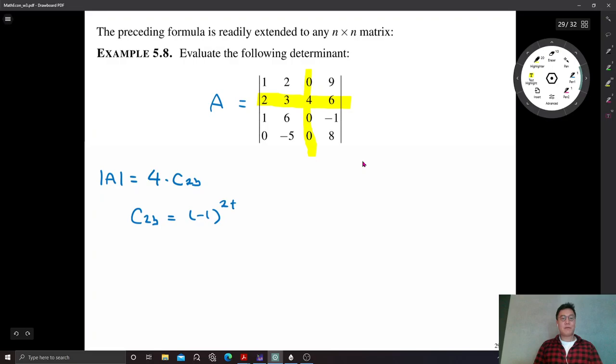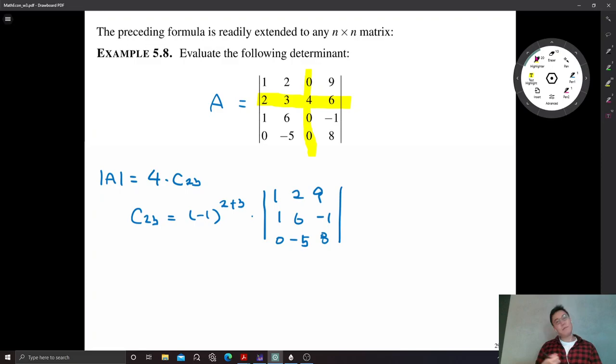Now this is a 3 by 3 matrix. Okay, so unfortunately we have to do expansion one more time. This is a little cumbersome, but just in order to tell you the exact algorithm about computation of a determinant.